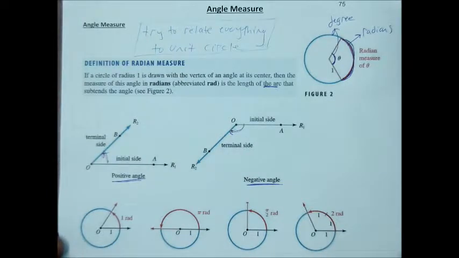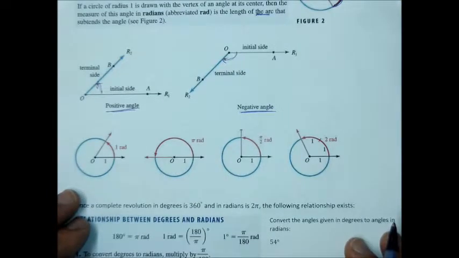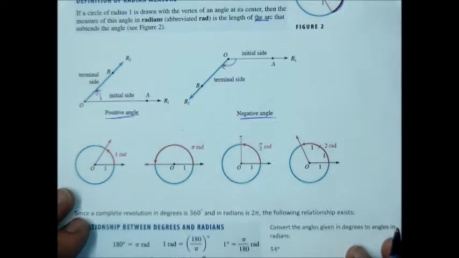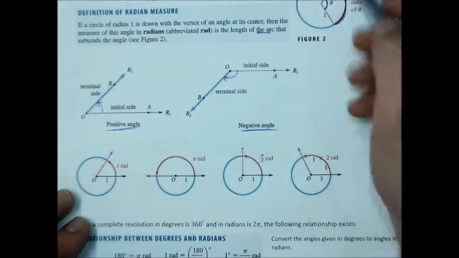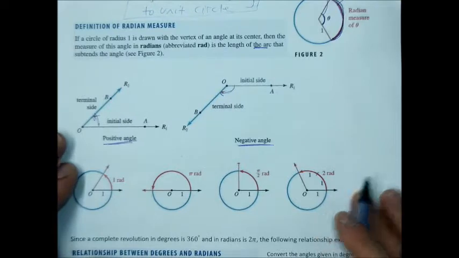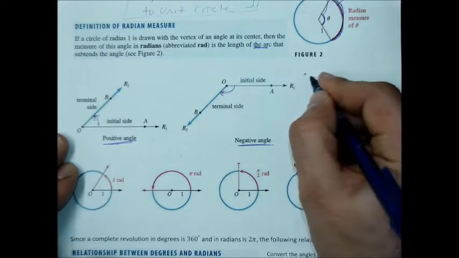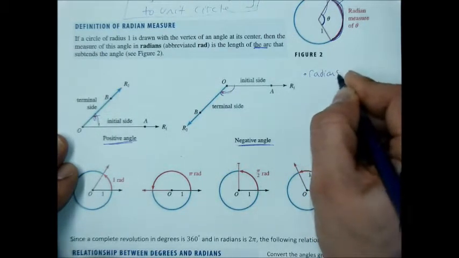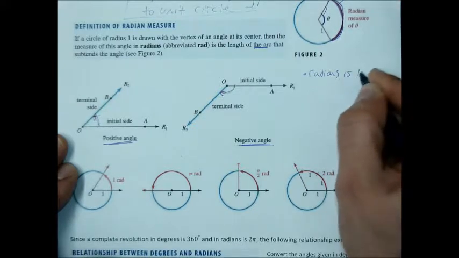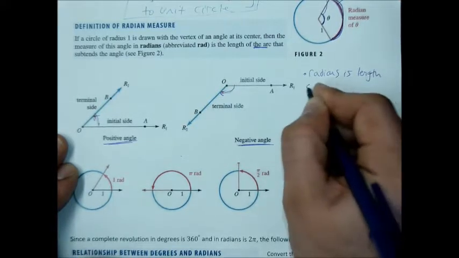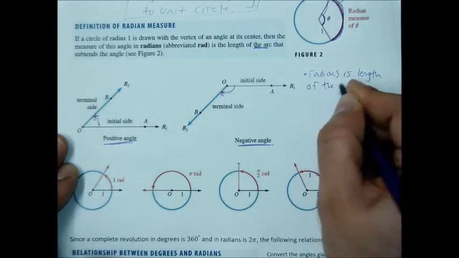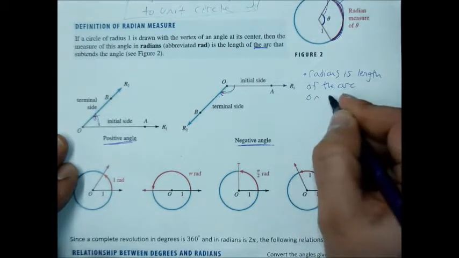Now let's relate some common radians to degrees. Now let me just write this down. I usually like to write this information down on the right just in case it's not clear. And so radians is the length of the arc on the unit circle.